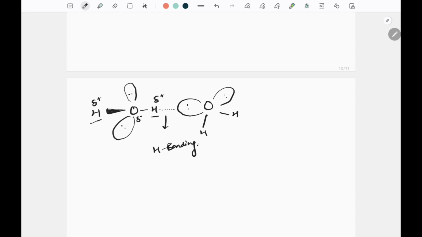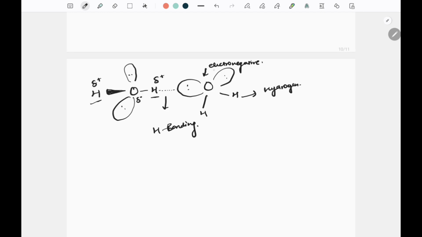So I hope you get the idea. Oxygen is an electronegative atom, and to it a hydrogen atom is attached. When a particular electronegative atom forms a bond with a hydrogen atom attached to another electronegative atom, that bonding is called hydrogen bonding.